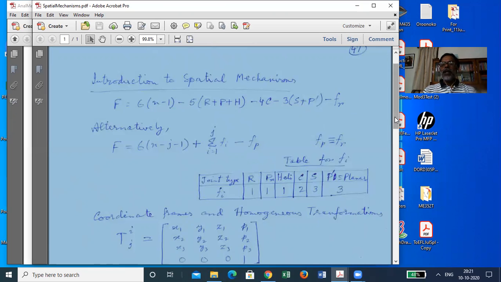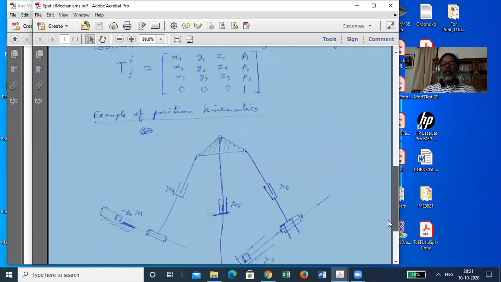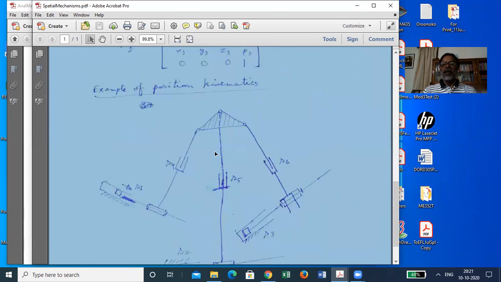Okay. Remember, we have cut off this leg. So RSSR is only this, this, this. And we are trying to relate the input angular position to the output angular position. And there is one passive freedom, the freedom of this link to rotate about this axis.